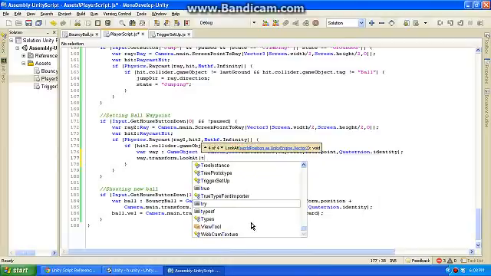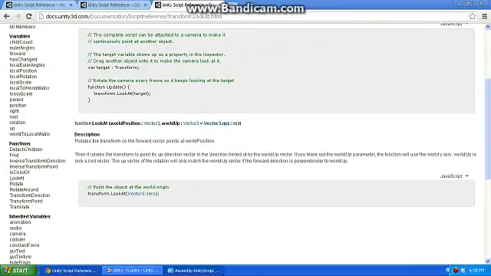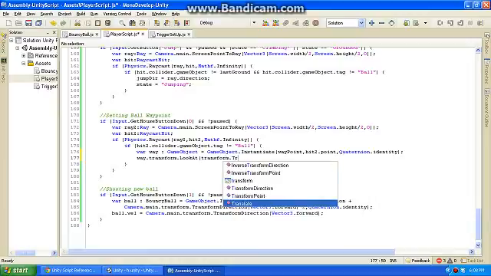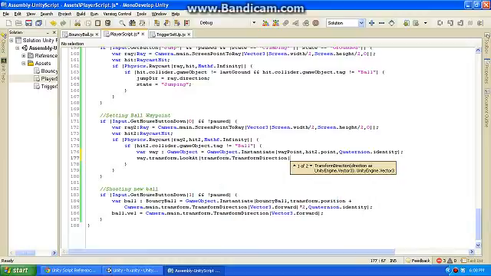What is it? It's transform direction hit2.normal. Bam, bam, bam. So basically, it's going to get the normal.